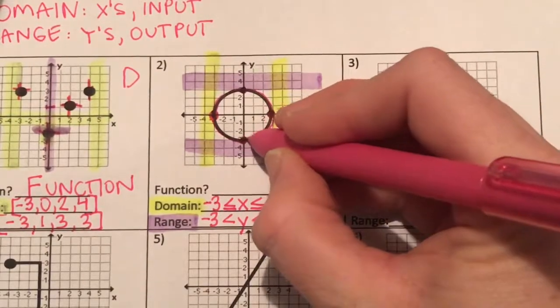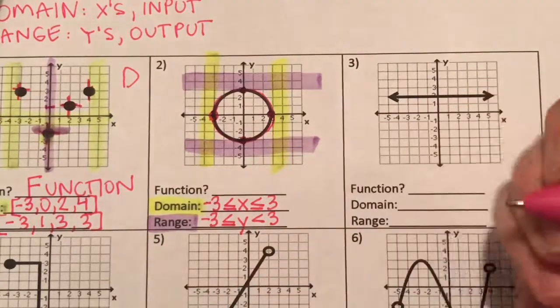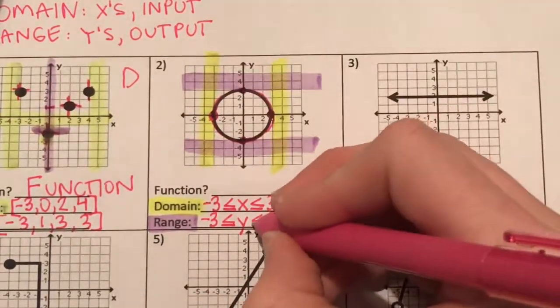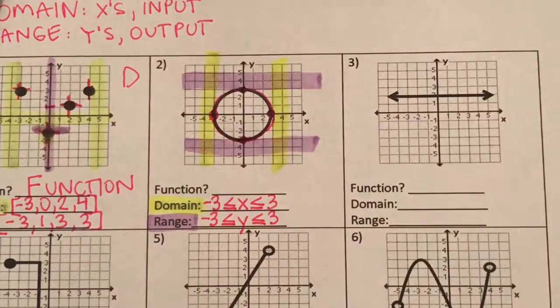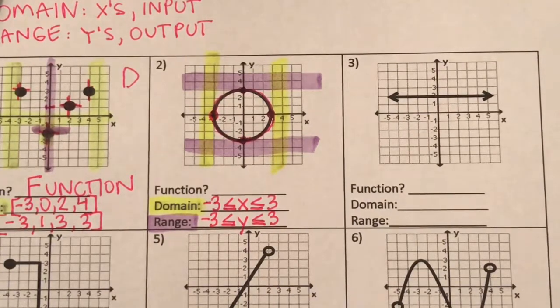It touches right on that smooth part of the circle, so it is going to have a line underneath it, and then also at the top it hits that smooth part of the graph, so it is also going to have a line underneath it. Okay, and then I have just handled the domain and range for this graph.